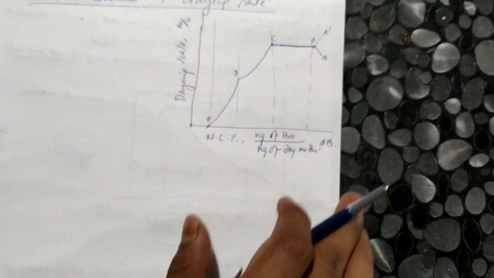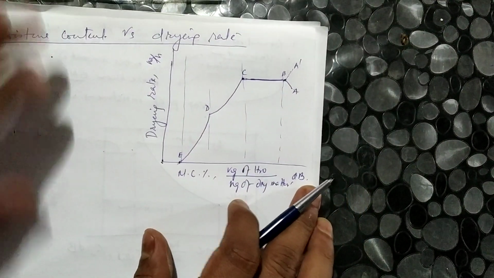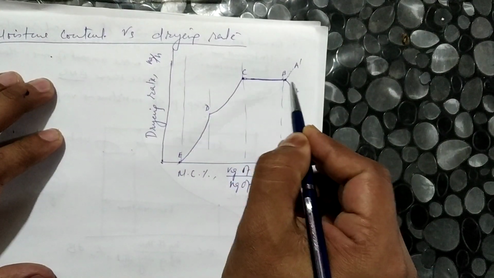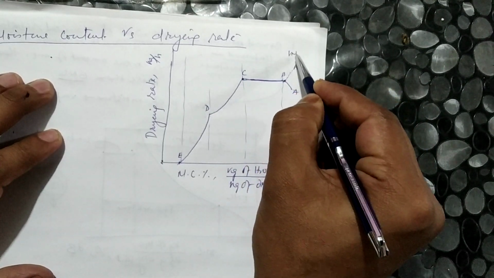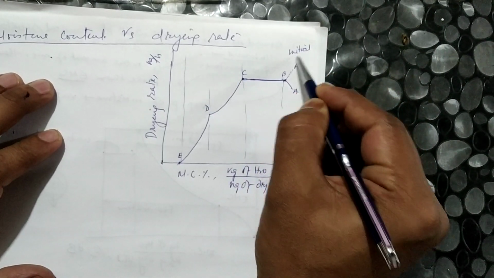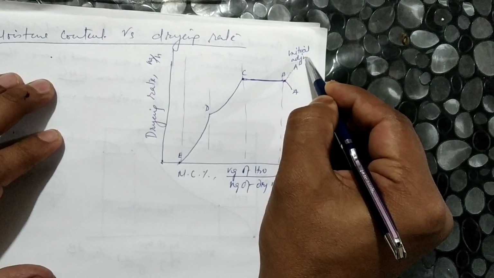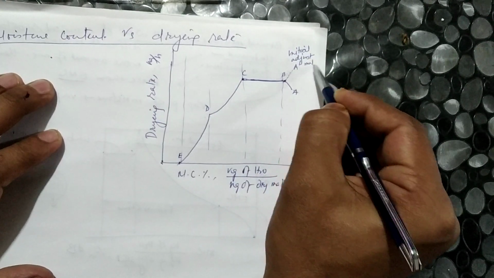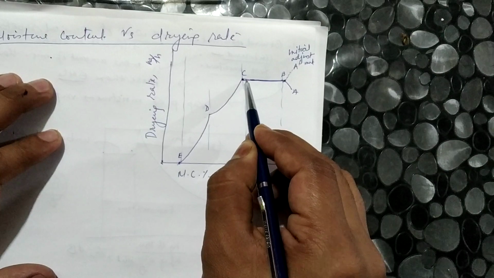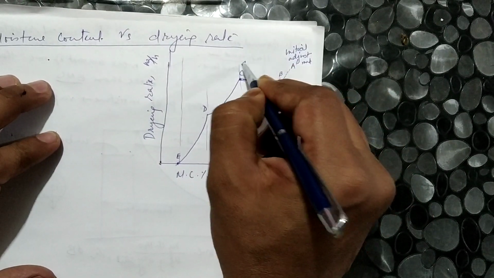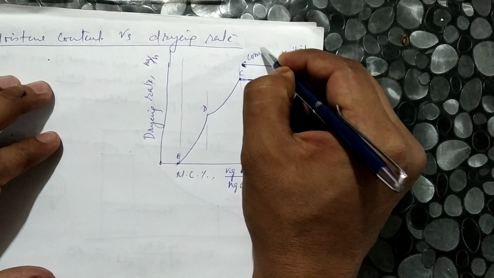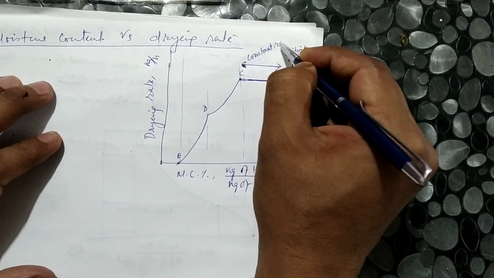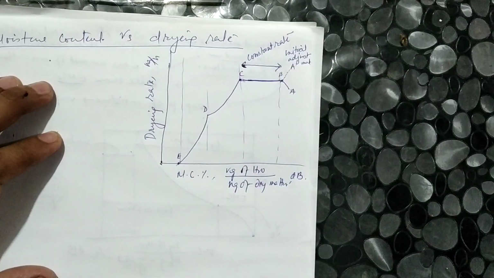Now see the classification of drying behavior here. First, this is A to B, or A dash to B. This is your initial adjustment. B to C is called the constant rate of drying.